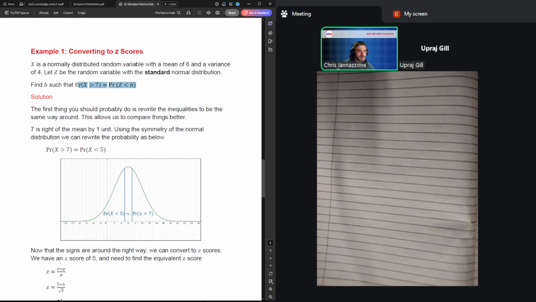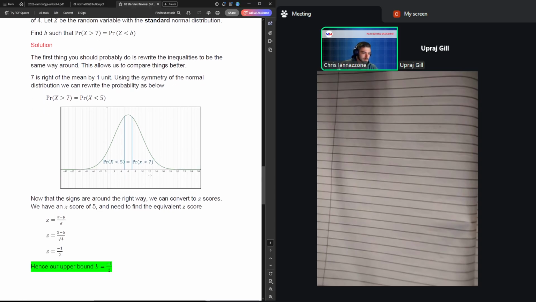One of the first things you want to do is make sure both inequalities are actually facing the same way. What I said there was a little bit incorrect. It's not just what is 7 in terms of z, and the reason is because the inequalities are pointing in different directions.